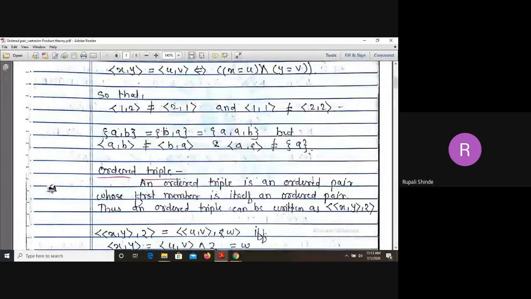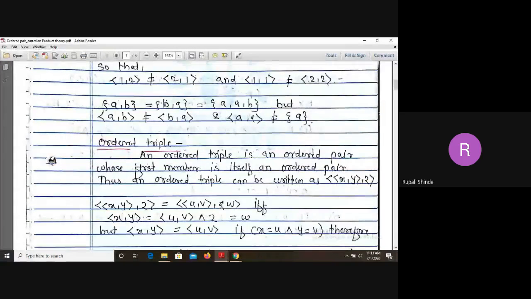Now next concept is ordered triple. Triple means it will consist of an ordered pair, so two ordered pairs would be there. An ordered triple is an ordered pair whose first member is itself an ordered pair. So an ordered triple can be written as <<x, y>, z>.